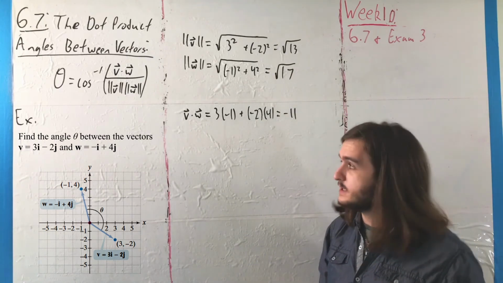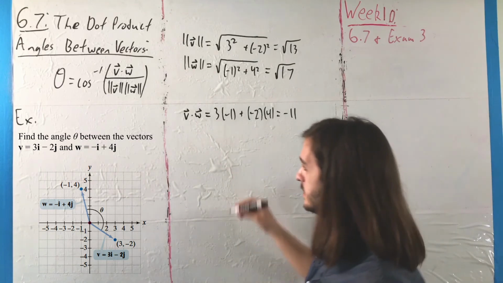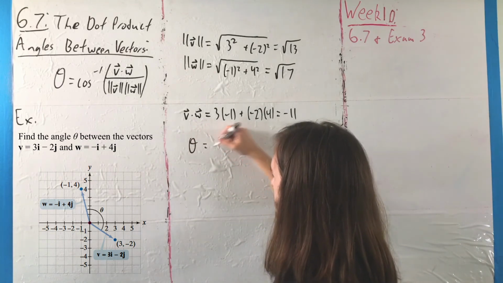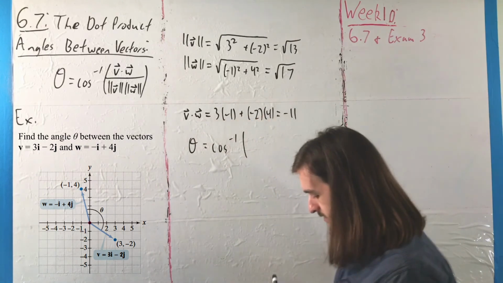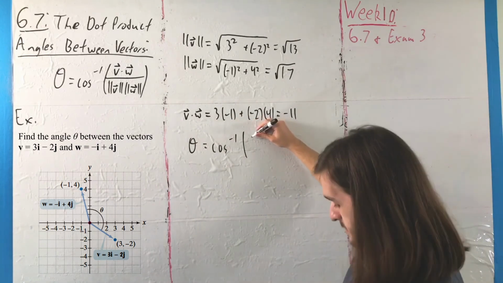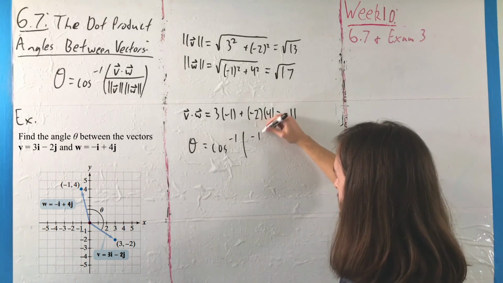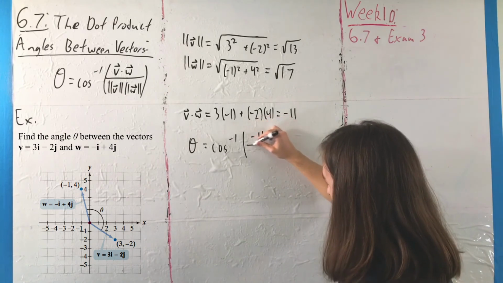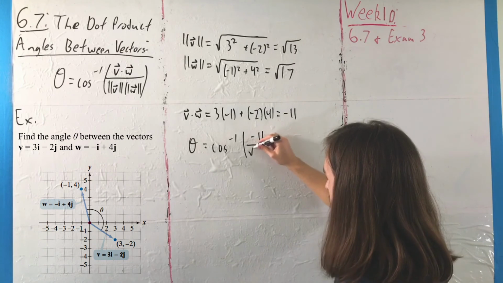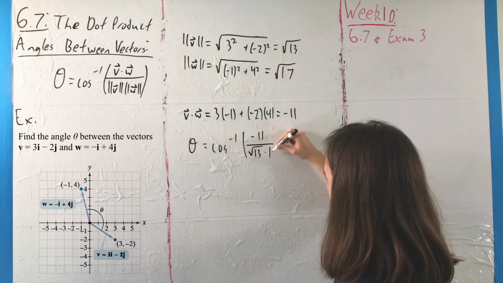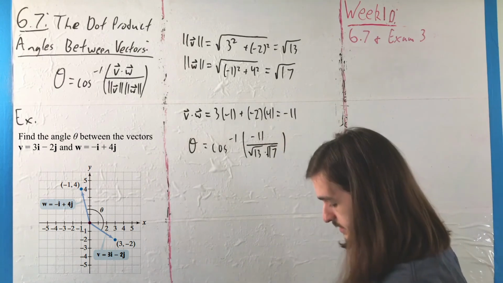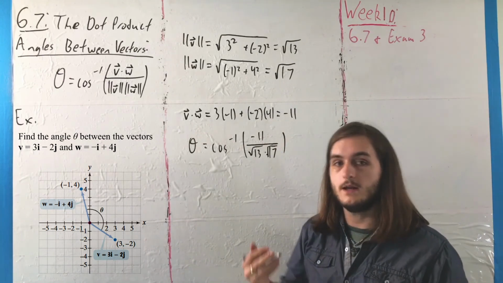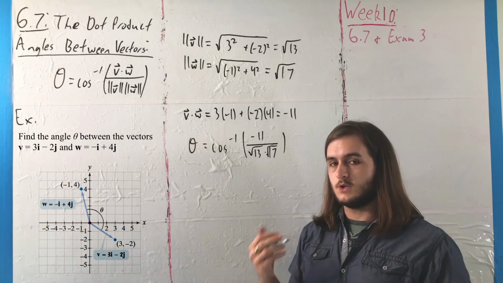And once we have all of these pieces, we can then put them into our formula, where we would get that theta is equal to inverse cosine of this value here for the dot product, negative 11, over the square root of 13 times the square root of 17. It's quite an ugly number, and as a result, we're going to get quite an ugly degree value here.